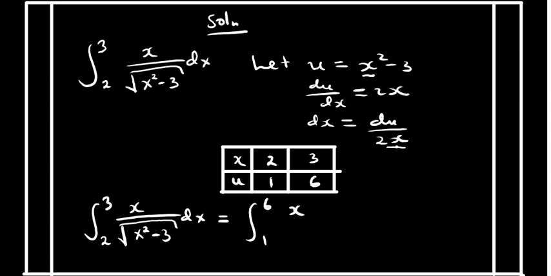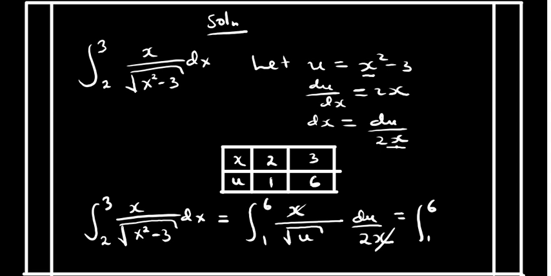So I will have x there out of the square root. Remember, I called the x squared minus 3 to be u. So I will have u there. The x became the u out of 2x. So we can easily see that x can go with x. So that will remain with the integral from 1 to 6.